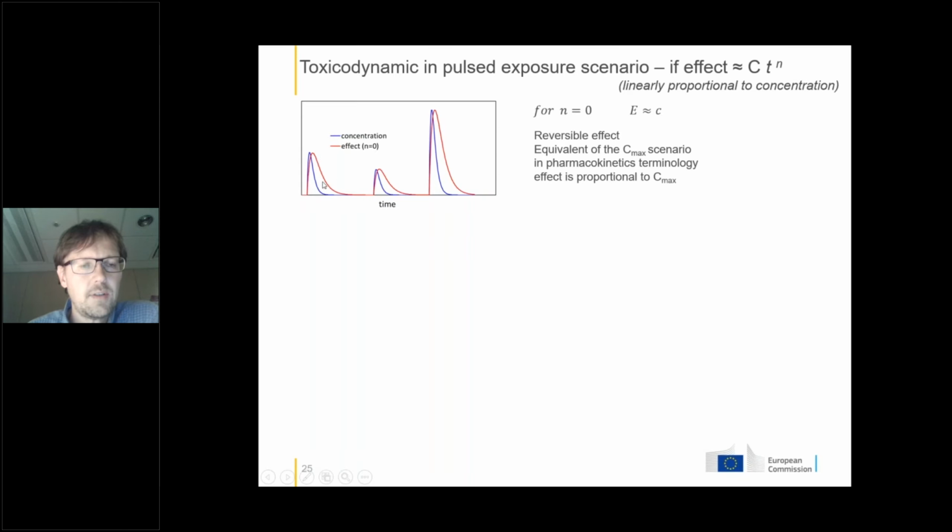Here, for demonstration, there is a certain shift because the effect is always lagging a bit behind the concentration because the processes are not instantaneous. There is always some time needed to evoke and to bind and to recover and so on. So this is the effect which the chemical is causing in cells, for example.